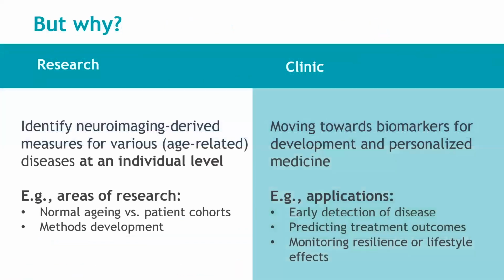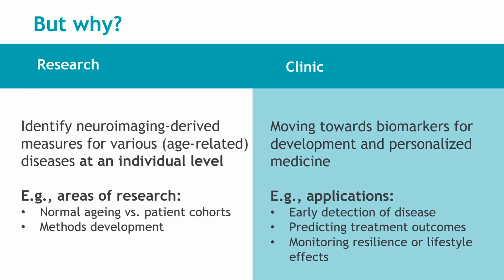So why is there interest in brain age prediction in particular? If we look into the research domain, we are using this concept to identify neuroimaging-derived measures for various age-related diseases at an individual level. So the brain predicted age gap has also been related to, for example, neurodegenerative disease or risk of future disease, but Lonneke will tell you all about that in a moment.